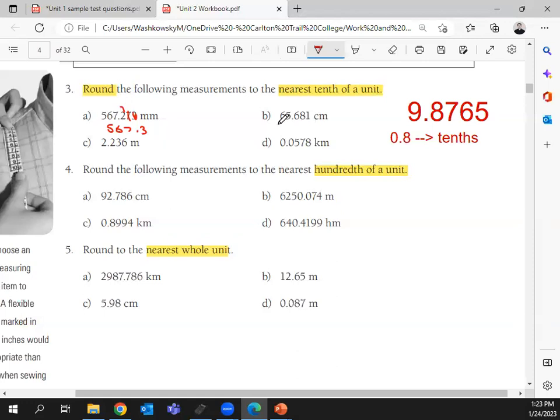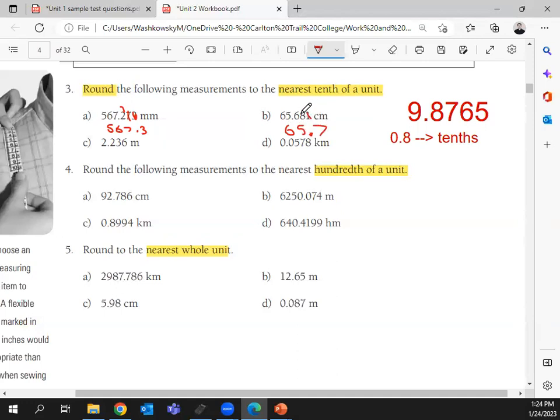So, Austin, what would you get for question B there? What would you get for question B? 65.7, that's right, because the 1 is lower than 5, we keep it the same.